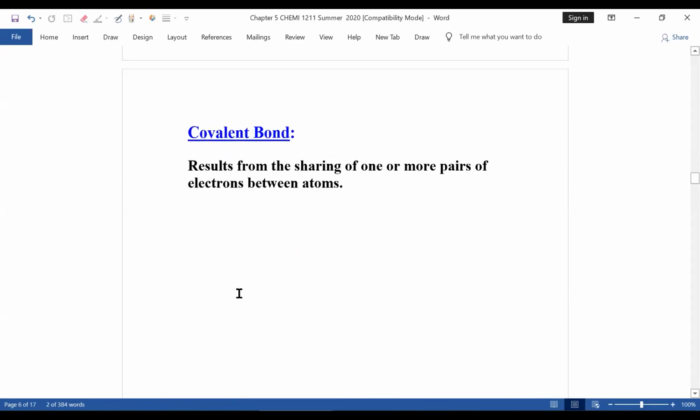Now, covalent bond. It's the sharing of one or more pairs of electrons between atoms. Usually we're talking about just 2 atoms.